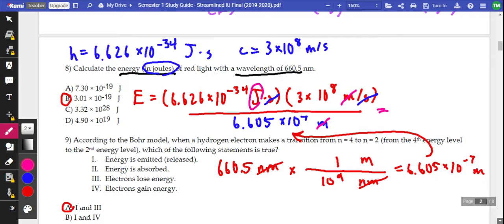All right, and we should get something around 3.009, or 3.01, times 10 to the negative 19th.